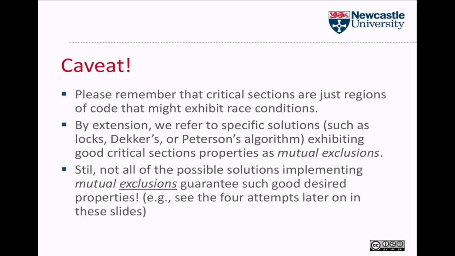Still, not all of the possible solutions implementing mutual exclusion guarantee such desired properties. So you have solutions that achieve mutual exclusion, but not necessarily fairness, or freedom from starvation or deadlock.